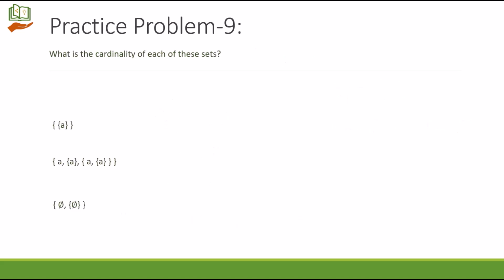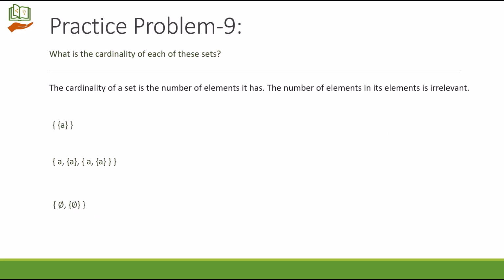Next problem, what is the cardinality of each of these sets? What is cardinality? It is the number of elements it has. The number of elements inside the element is irrelevant. Let's take 1, 2, 3. What is the cardinality of the first one? You have only one element here, so cardinality is equal to 1.